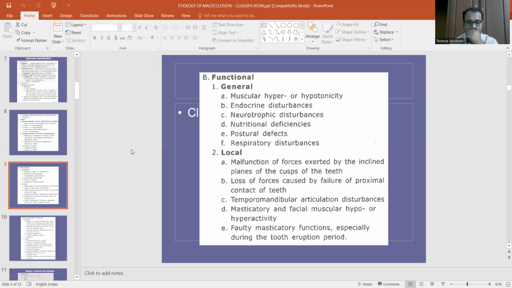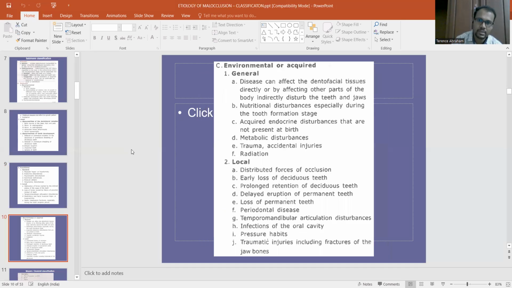Various local factors can also cause malocclusions. For example, abnormal forces acting on the tooth, then loss of forces, or any disturbance in the temporomandibular joint, abnormal muscle activity, any faulty masticatory functions. These are the local causes of malocclusions.